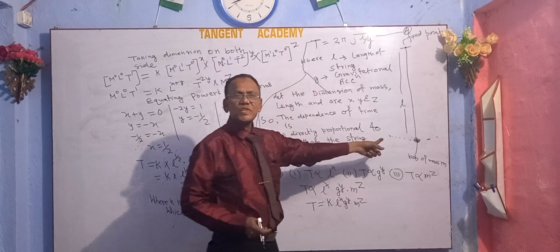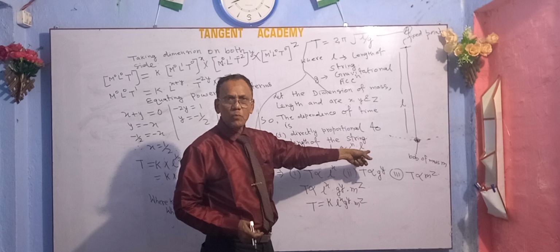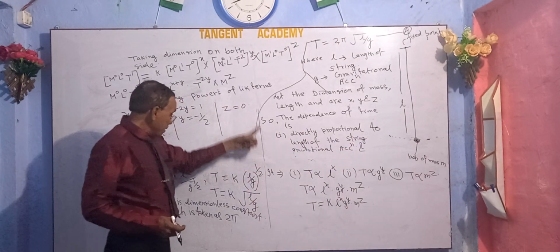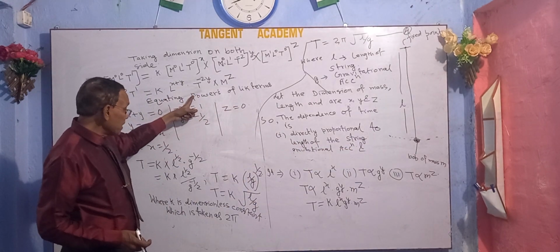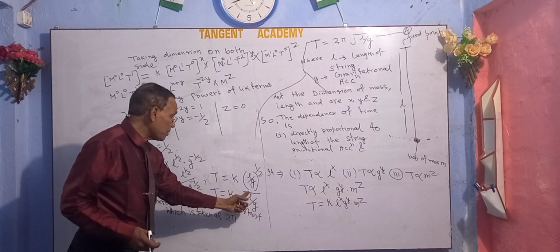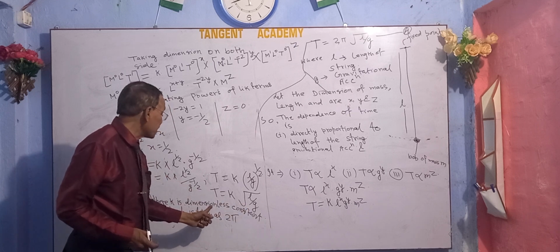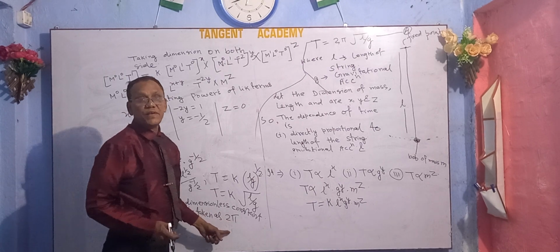Time period is always independent of the mass of the bob. And we have got the required result as T is equal to k times under root L by g, where k is a dimensionless constant, taken as 2 pi.